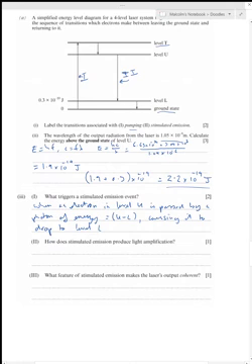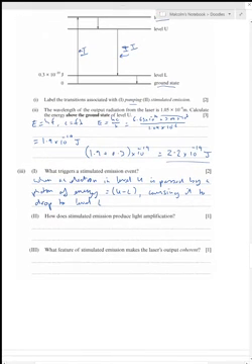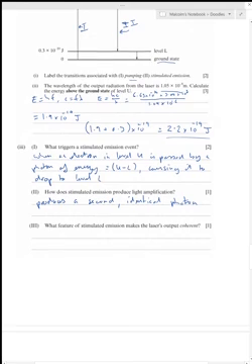So how does this stimulated emission produce light amplification? So it produces a second identical photon. And what feature of stimulated emission makes the laser's output coherent?